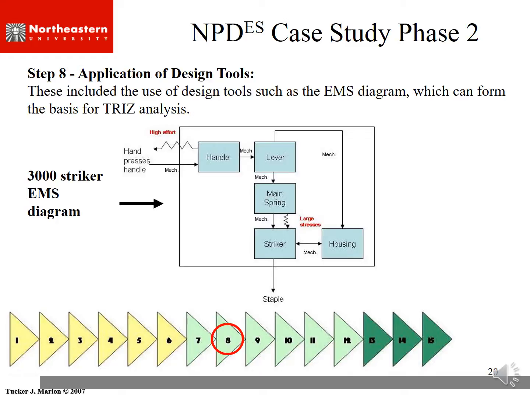They used something called TRIZ analysis, and we'll talk about that later in the semester. But TRIZ was developed by a Russian engineer a number of years ago, back I think in the 50s, and TRIZ basically says, look at the history, look at what you've done in the past, and then pick out the best ideas from projects in the past and apply that to the project you're working on. That's it in a nutshell.